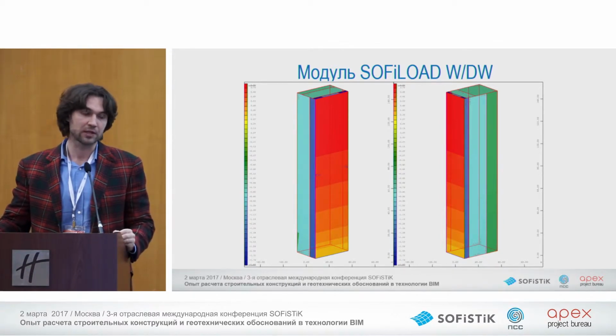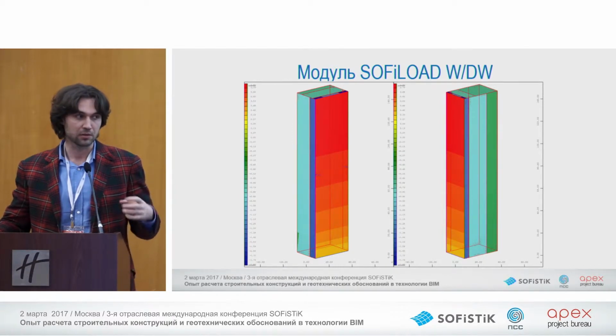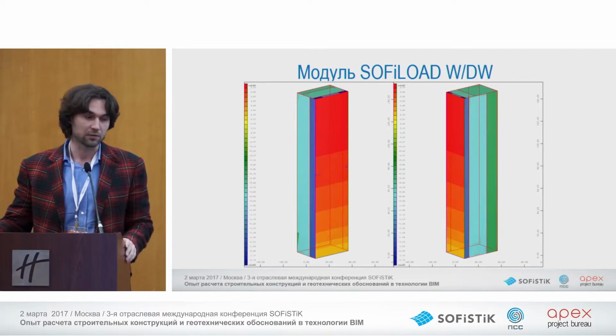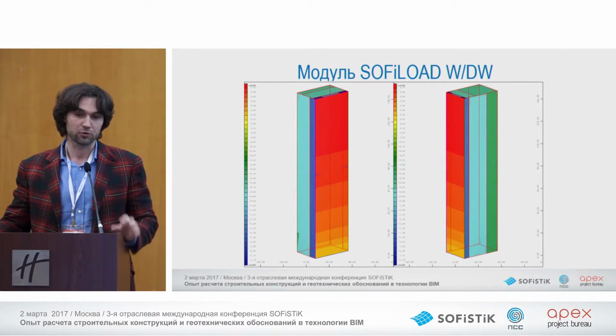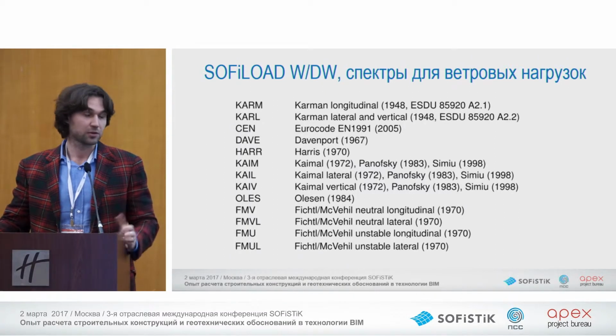After that, next, Sophiload. It's a very good module, but you need to define the outside geometrical shells. You have to do that, and it's also useful for cases when the wind load is not constant, but there are areas in the structure of the building that have different parameters.